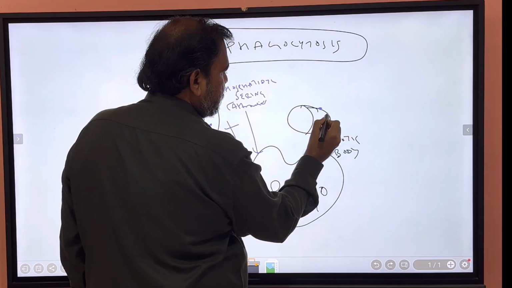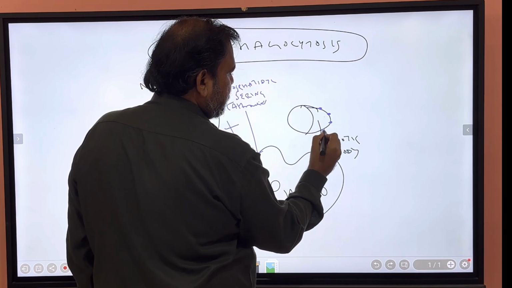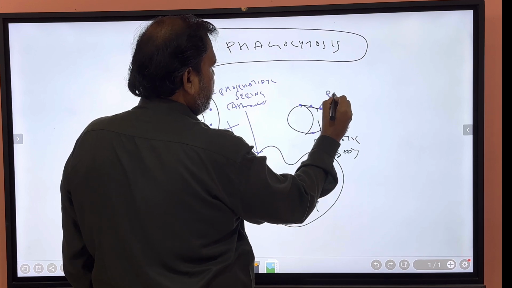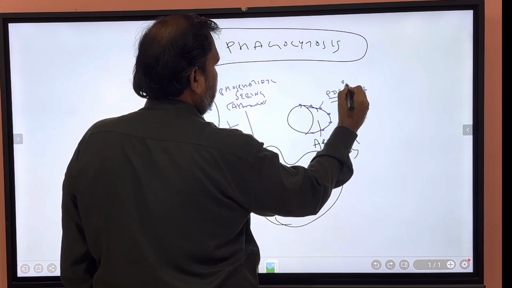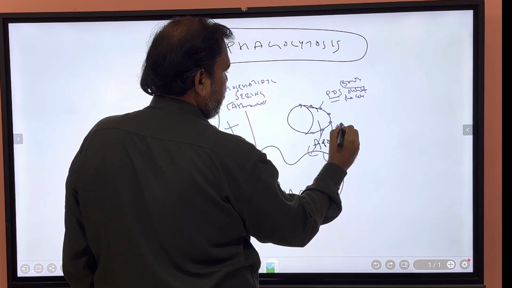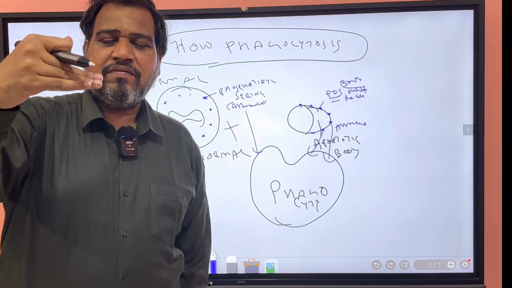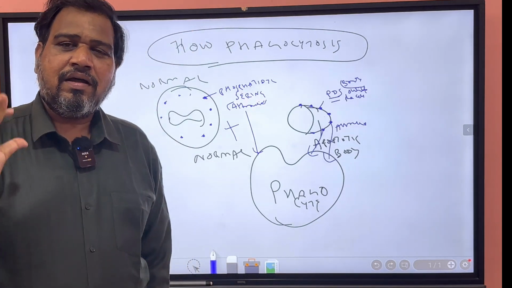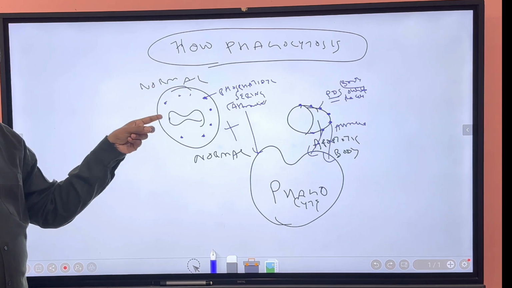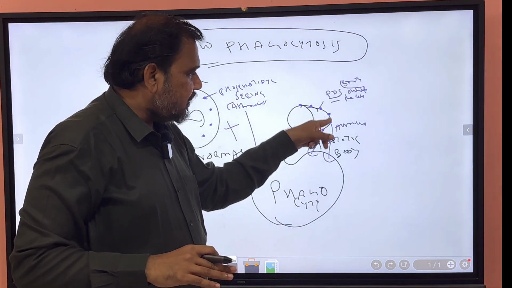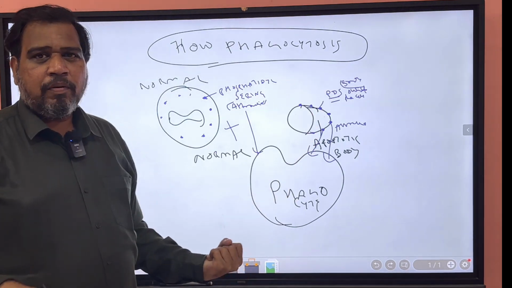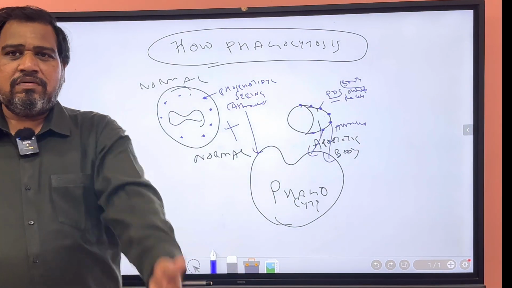Whereas, because of the process of apoptosis and caspase activation, the same phosphatidylserine comes to the outer surface. When phosphatidylserine is on the surface of the cell, the phagocyte loves to engulf it. In a normal cell, phosphatidylserine is present within the cell. Once apoptosis takes place, it appears on the surface of the cell. That is one of the reasons why the phagocyte takes the apoptotic body and not the normal cell. That can be asked in viva, please note it down.